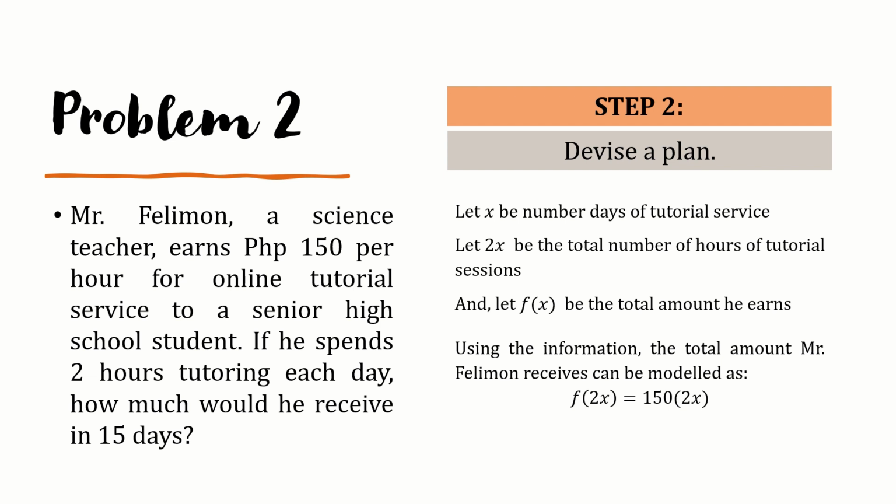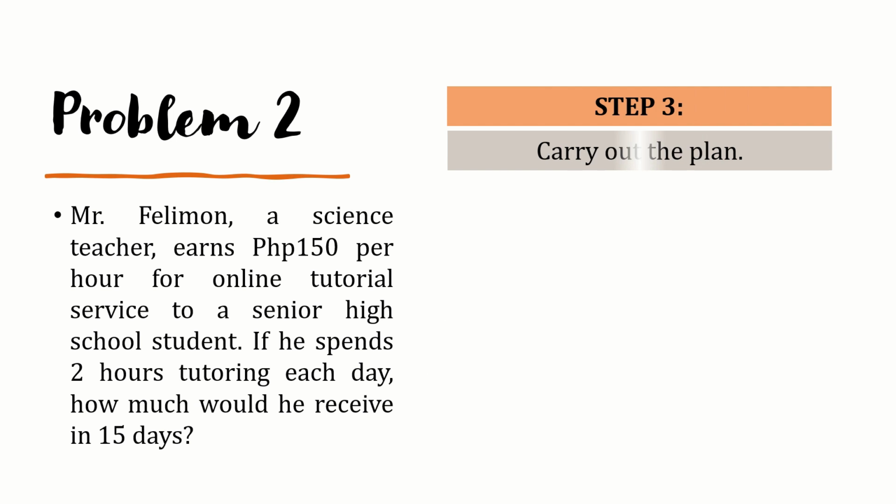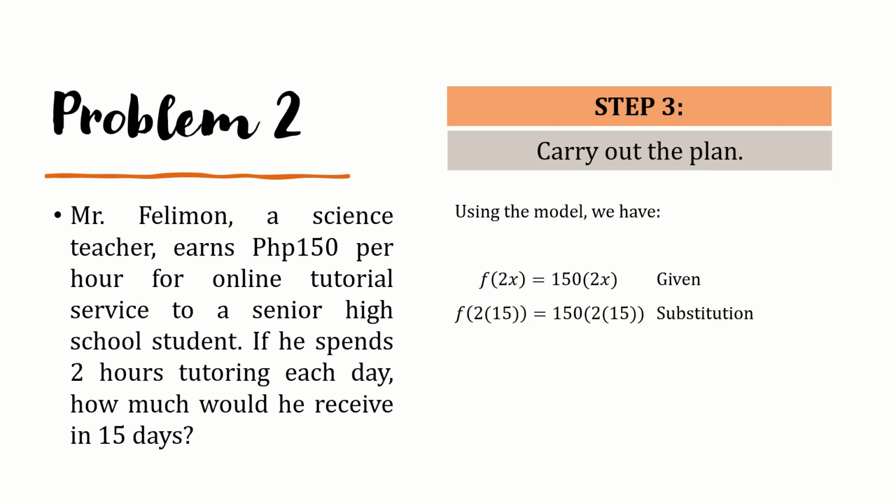For step 3, we will carry out the plan. Using the model, we have f of 2x equals 150 times 2x as the given. And by substitution, we have f of 2 times 15 equals 150 times 2 times 15.